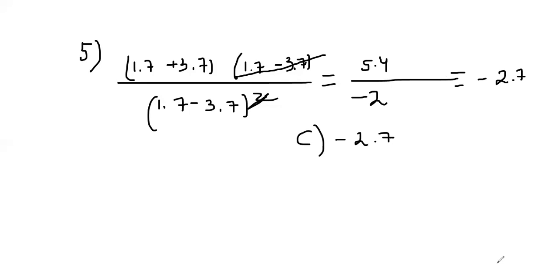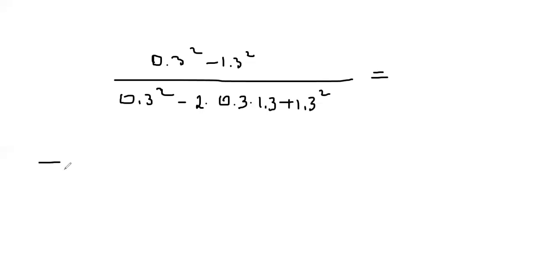Now we pass to the next one, number 6. It's 0.3 squared minus 1.3 squared, divided by a long expression with squares. Of course, it doesn't mean that we have to use the calculator, because we have the formulas for simplification.